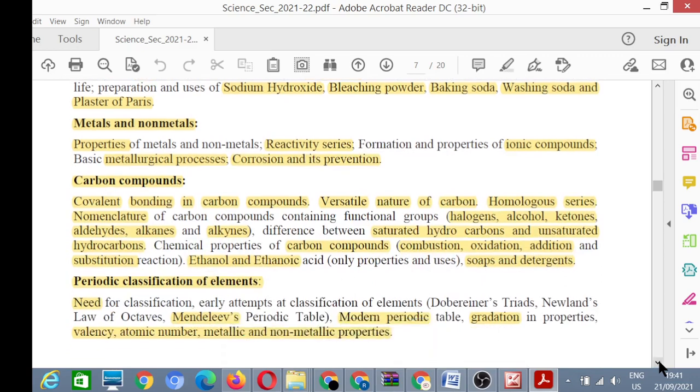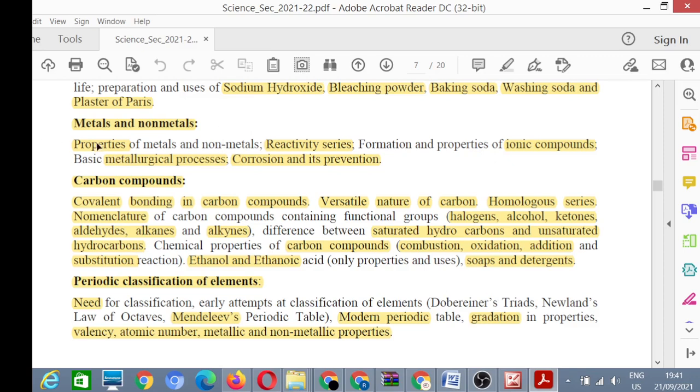Then metals and non-metals. Metals can be categorized as ferrous metals, which have a major content of iron, and non-ferrous metals, which have less content of iron. Then non-metals. For example, wood is a non-metal.